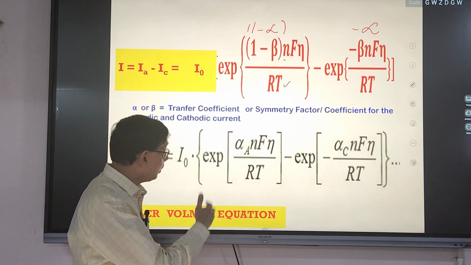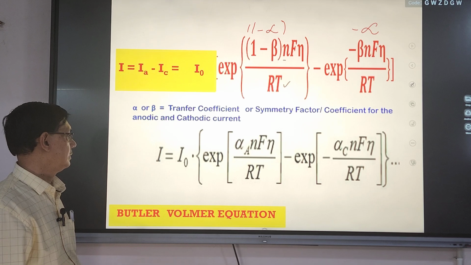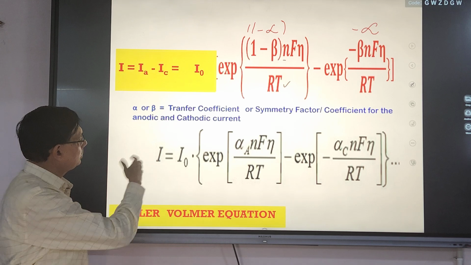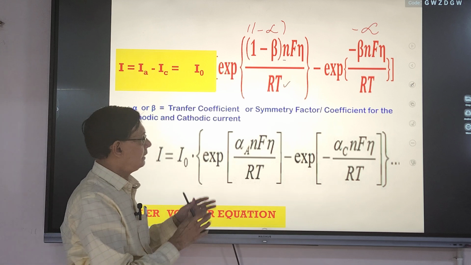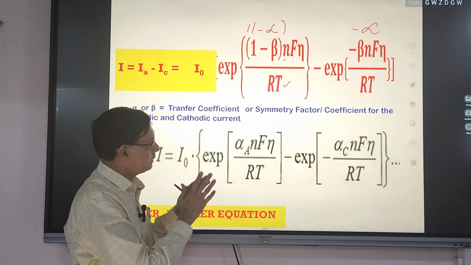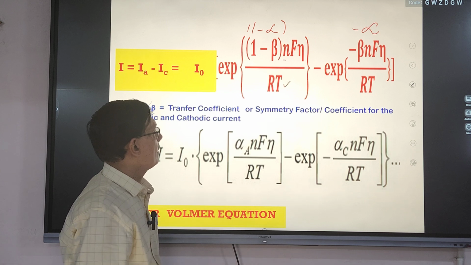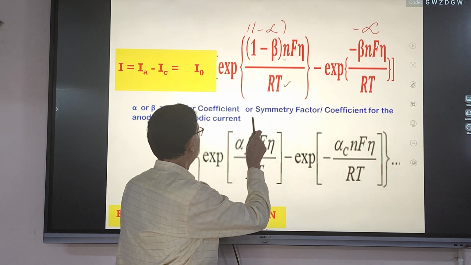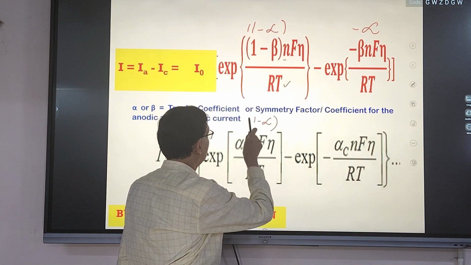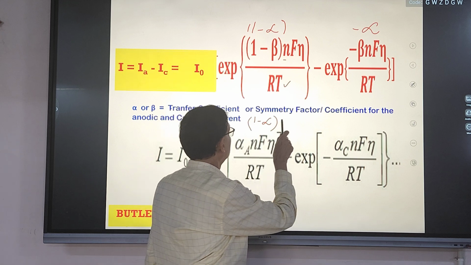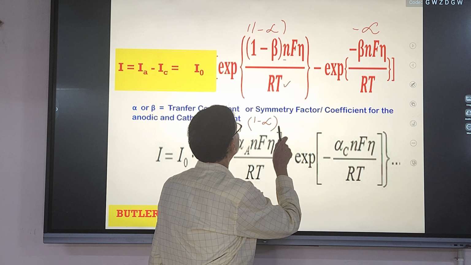But in some books also, I found that I is equal to I0, absolutely no problem. But that can be explained in two ways also. That means this part, 1 minus alpha, this is correct.